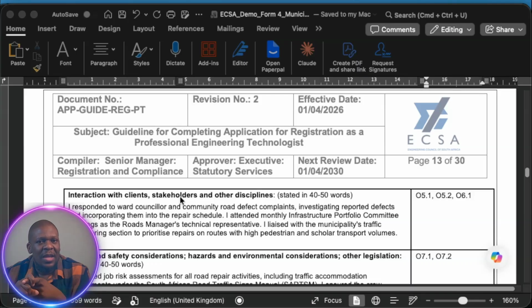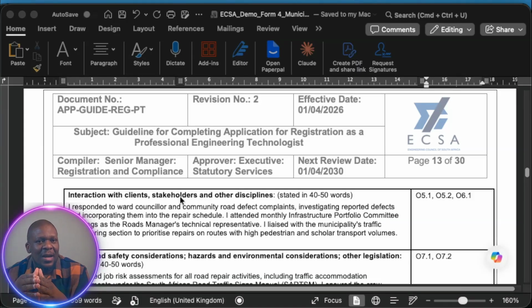And you also liaise with the municipal traffic engineering sector. Why? Because when performing these repairs, you need to ensure that you monitor traffic. You need to ensure that you monitor pedestrian movement. So you are basically explaining how you interact with stakeholders, which are the councillors.